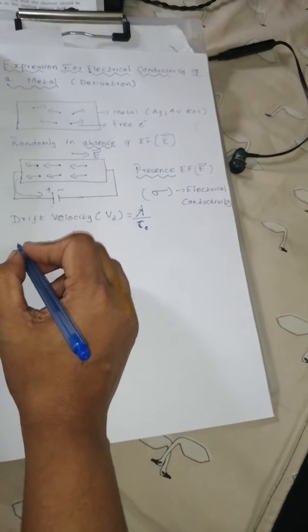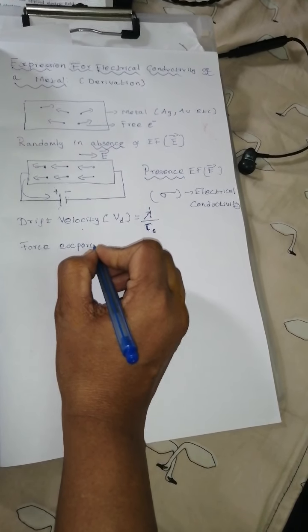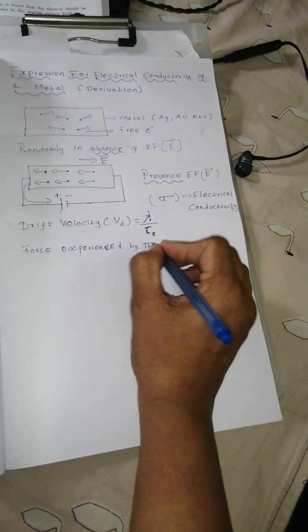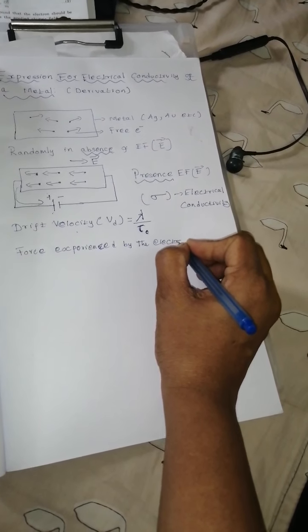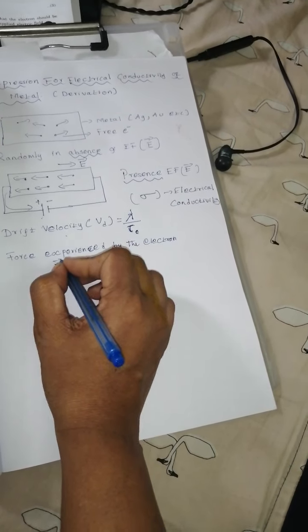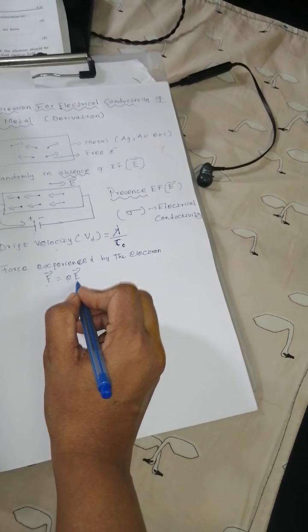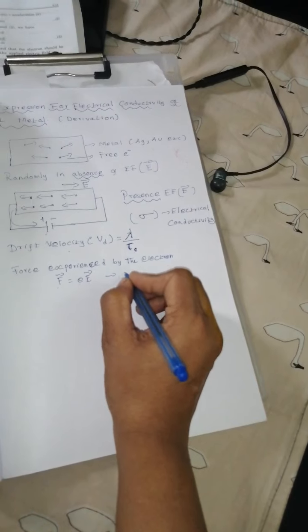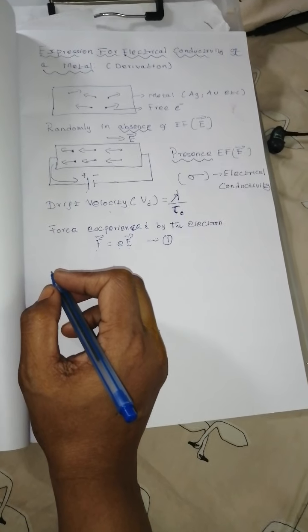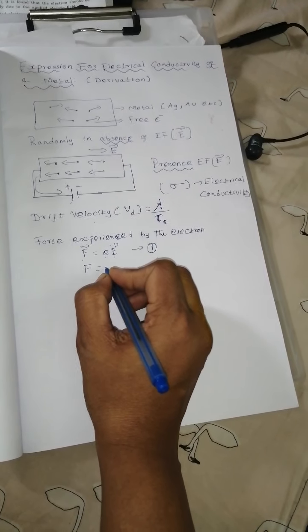Now the force experienced by the electron because of the electric field is given by F is equal to e E. F is a vector, E is a vector, where F is force, e is charge, capital E is electric field. This is equation 1. Now, according to Newton's second law of motion, the force on the electron is given by F is equal to ma.